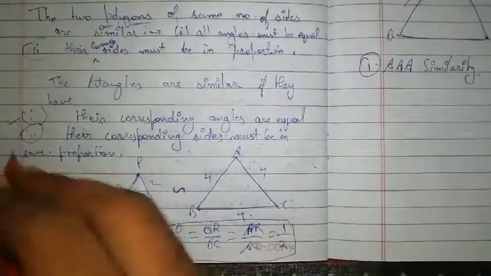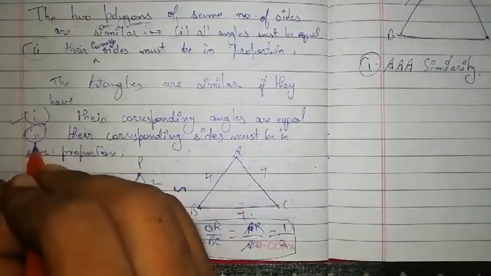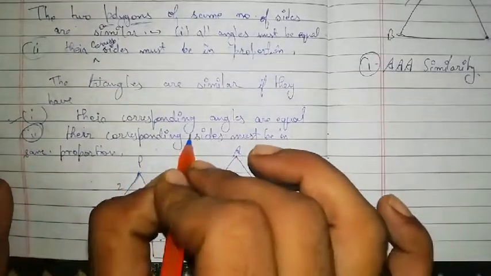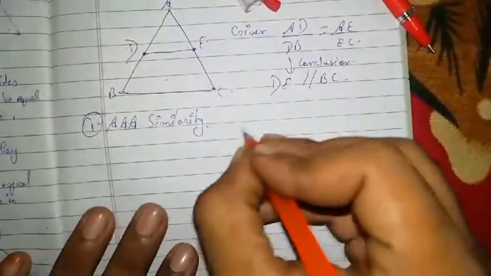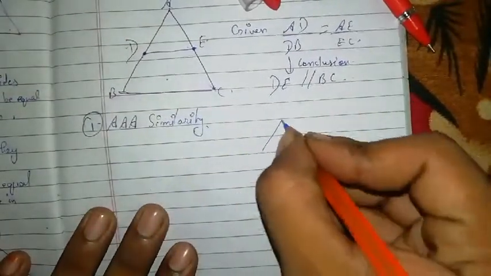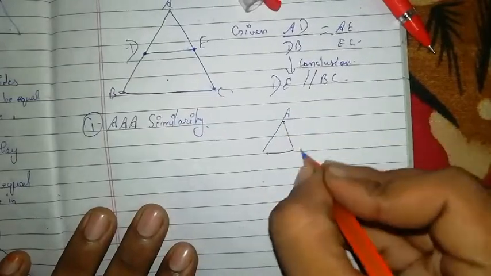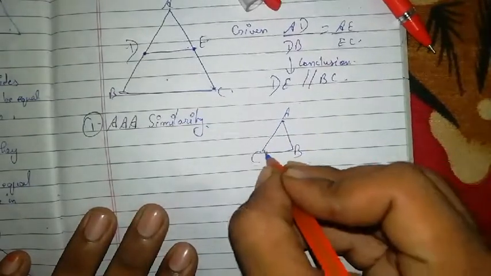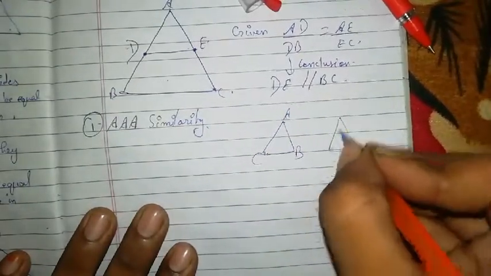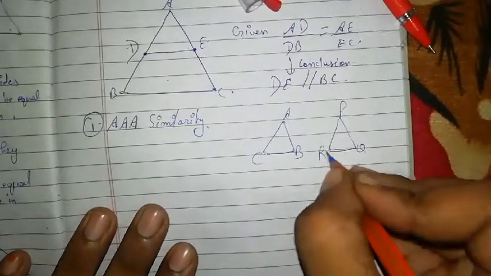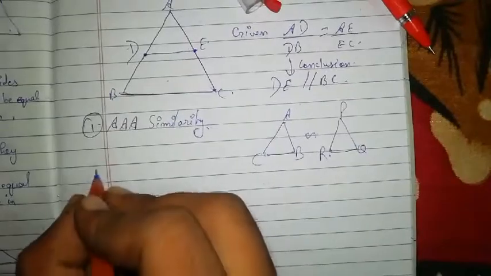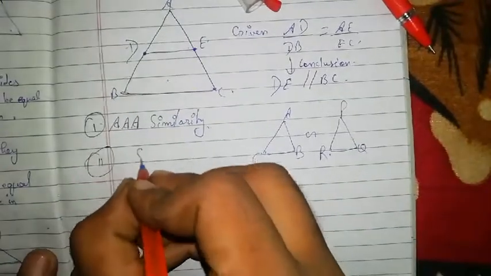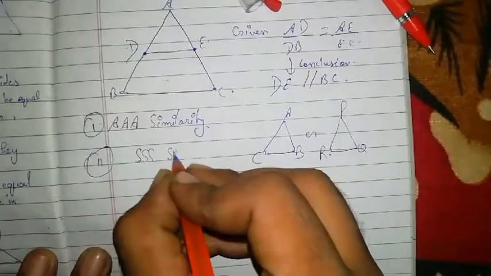Now the second is that the corresponding sides must be in the same proportion. Suppose we have two triangles, this is ABC and this is PQR. When they are similar to each other, the second criterion is for side similarity.